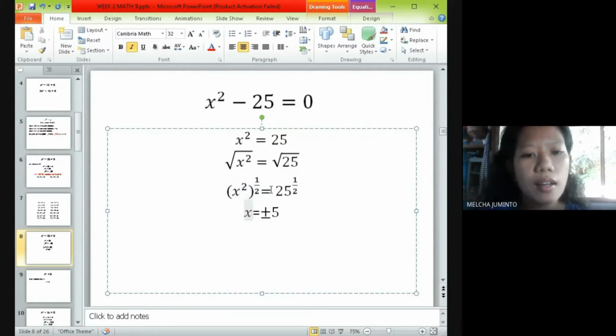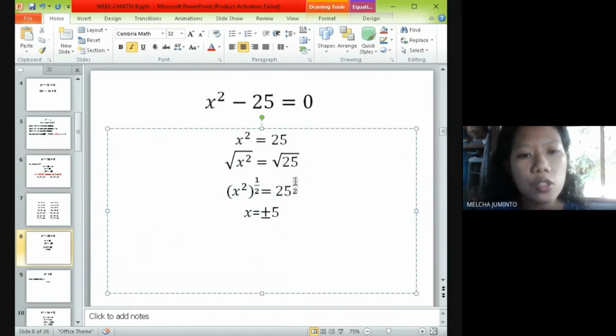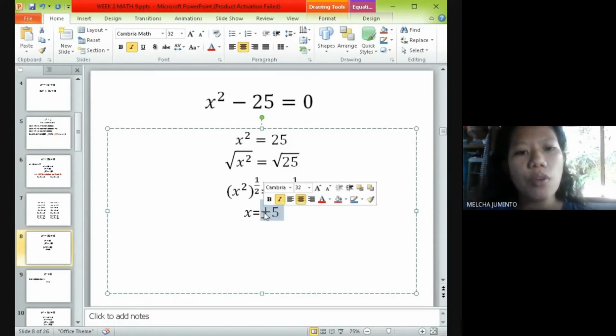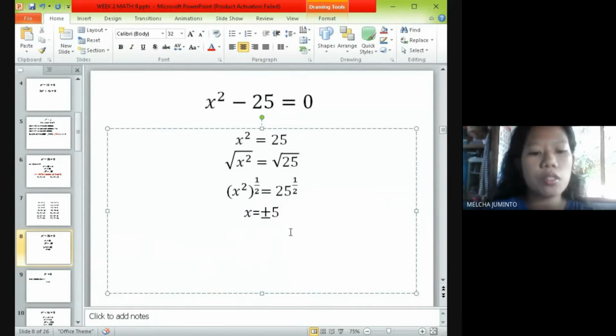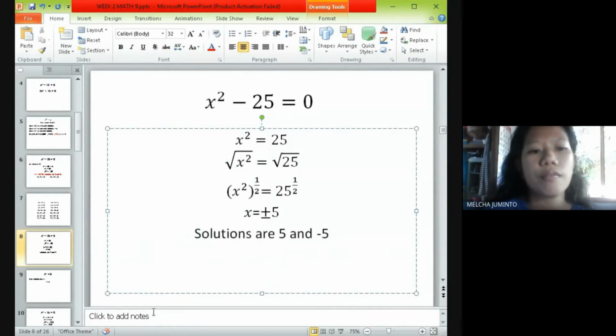And here, the square root of a number is the same as expressing the number with a fractional exponent, which is 1/2. Therefore, the square root of 25 is equal to 25 raised to 1/2, which is equivalent to 5 and negative 5. Therefore, the solutions are 5 and negative 5.